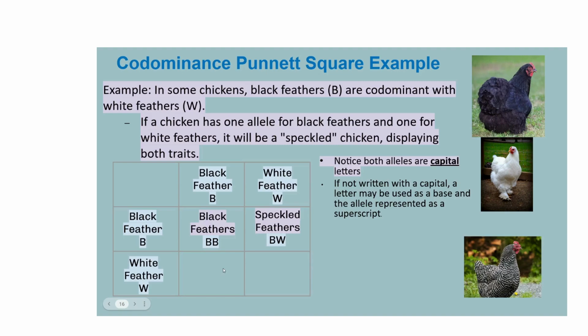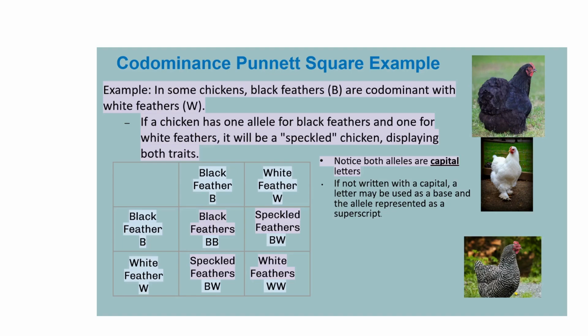Now we're going to go to the bottom row. This chicken has one allele for black feathers and one for white feathers. So it'll be a speckled chicken also, displaying both white and black feathers. Finally, we pull from over and down. The last one has two alleles for white feathers, meaning that it will be a chicken with white feathers.